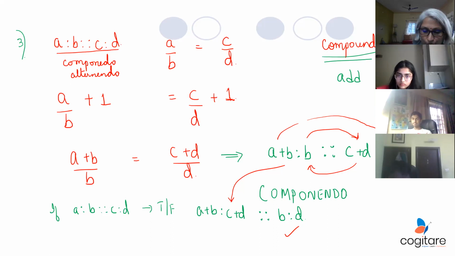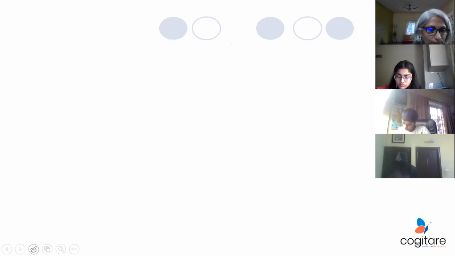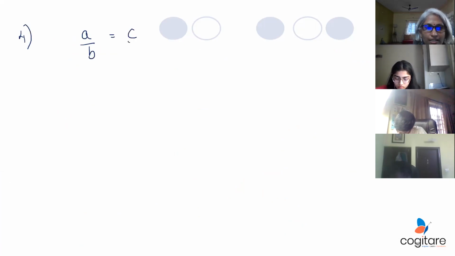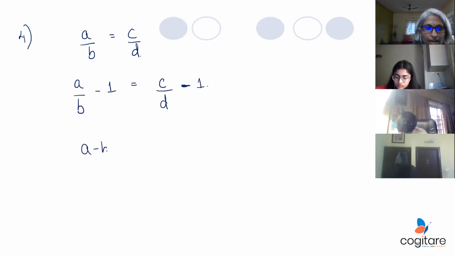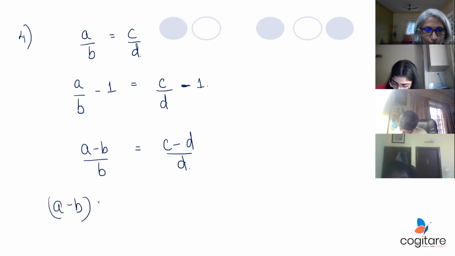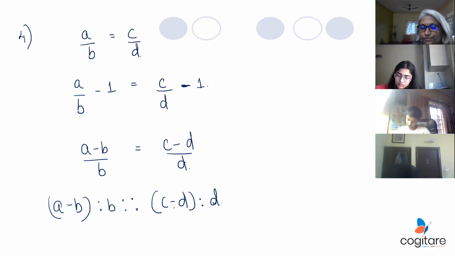Now we look at what happens when you subtract. The fourth theorem: I have A by B is C by D. I will subtract 1 on both sides. What do I get? A minus B by B is equal to C minus D by D, or A minus B is to B is as C minus D is to D. This is called dividendo.